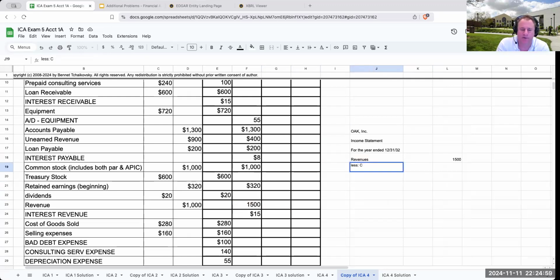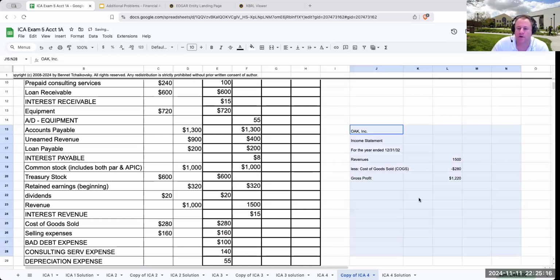Less cost of goods sold. You're free to abbreviate on my exam, at 280, right? And this is basically going to give me my gross profit. My gross profit right over here will be 1,220,000.